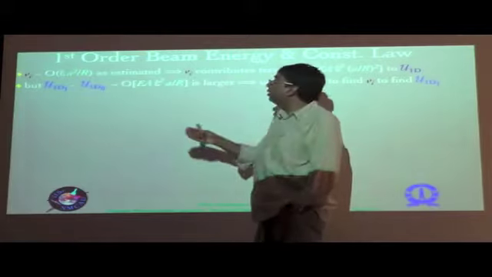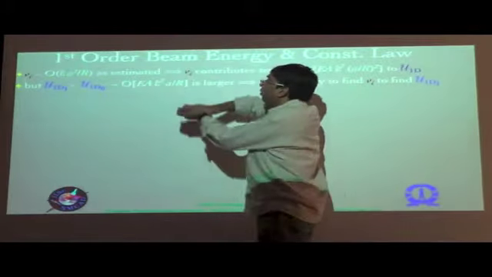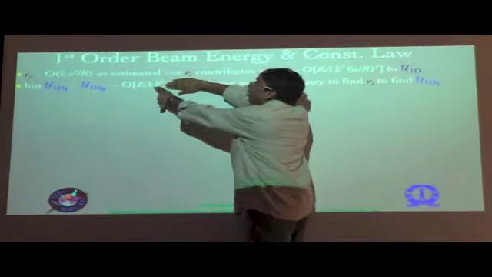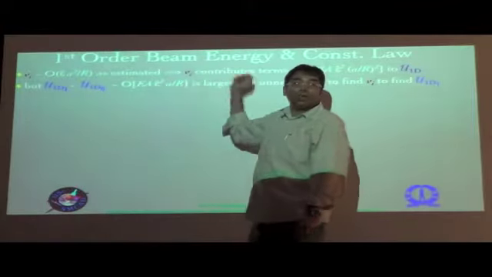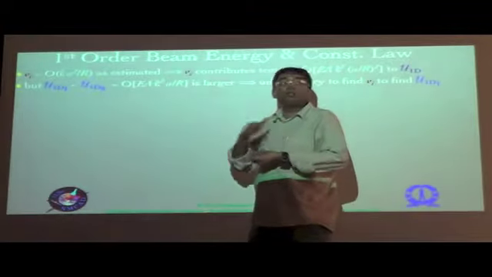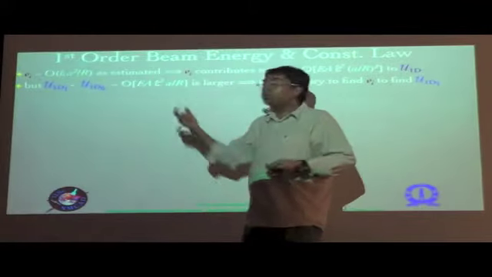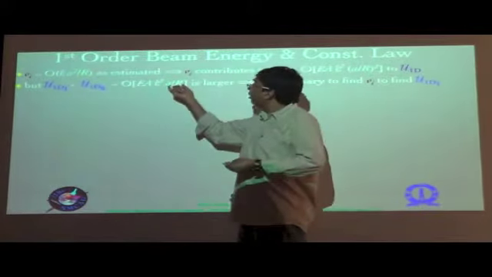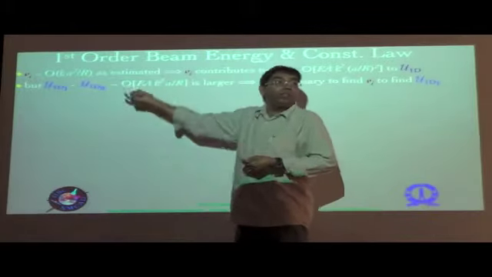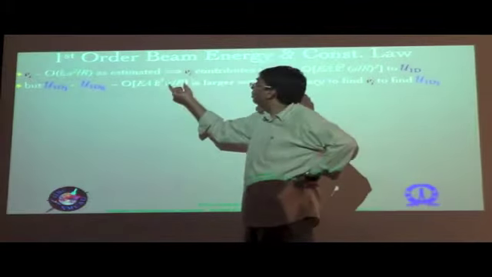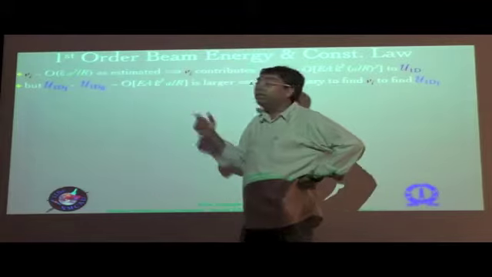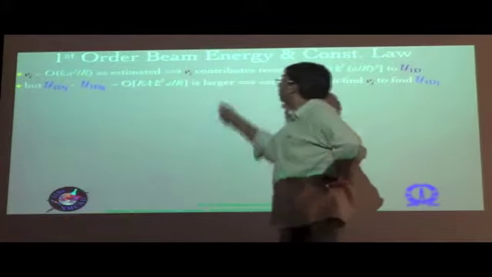Otherwise you'll be jumping. Already you had up to epsilon hat squared, you would directly jump to A by R squared. So you'll be jumping one level higher. You don't need to do that. You can refine it in much smaller steps because you have this small parameter. So what you really need as additional terms at this level is only the A by R corrections, as far as the energy is concerned.